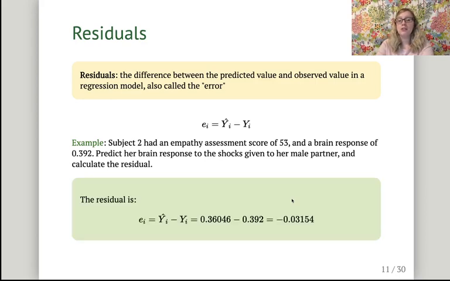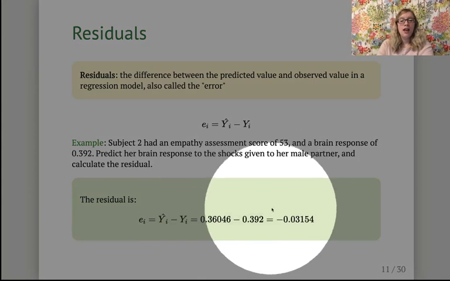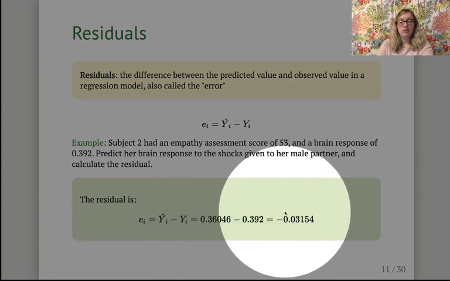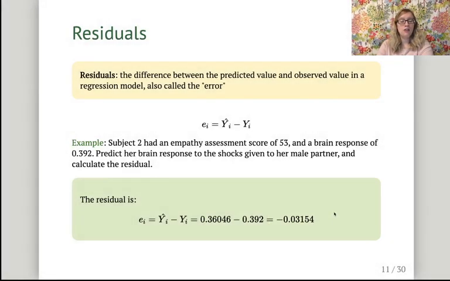Her residual is the difference between her predicted value and her observed value, so we get negative 0.03. For this subject, we underpredicted. Her actual brain response of 0.392 was a little bit higher than what we predicted, so we get a negative residual. We'll get a negative residual if we have underpredicted in our model, and a positive residual if we've overpredicted.